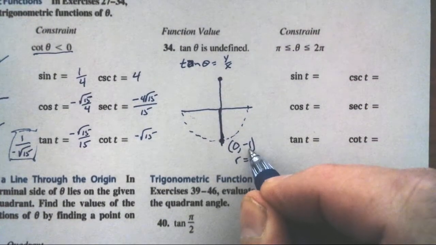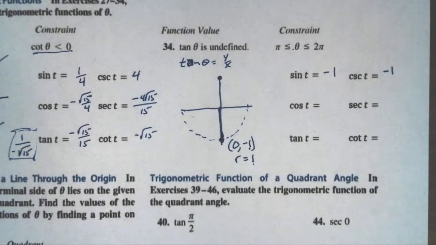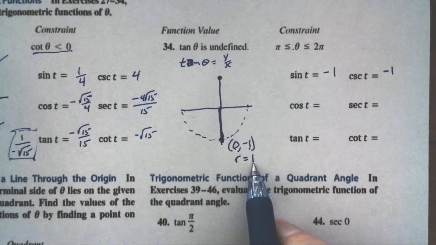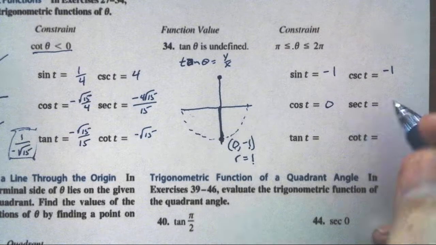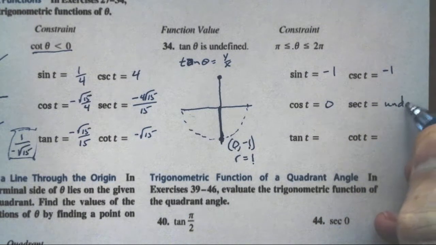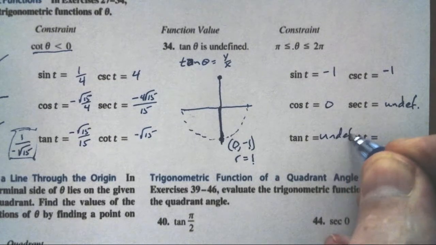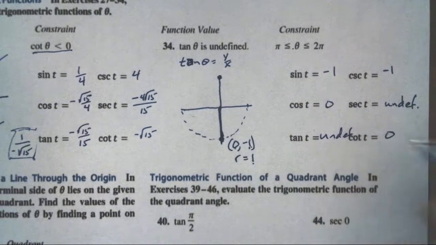Sine is y, -1 on r, 1, -1. Cosecant reciprocal, -1. Cosine is the x value, 0 on r, 1, 0 on 1, 0. Reciprocal of 0 on 1, 1 on 0. Undefined. Tangent we knew was undefined. Cotangent is x on y, 0 on -1, 0.